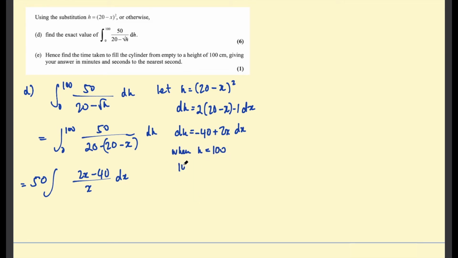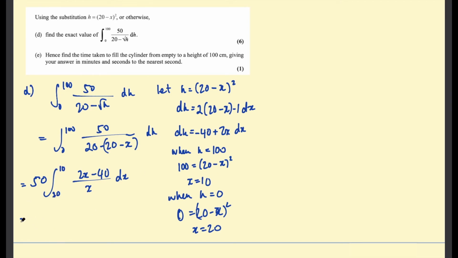So we would have 100 equal to 20 take x all squared. You can see here x must be 10, right? Because 10 squared is 100. So x equals 10. And then when h equals 0, 0 equals 20 take x squared. So x equals 20. So now our bounds are from 20 to 10.